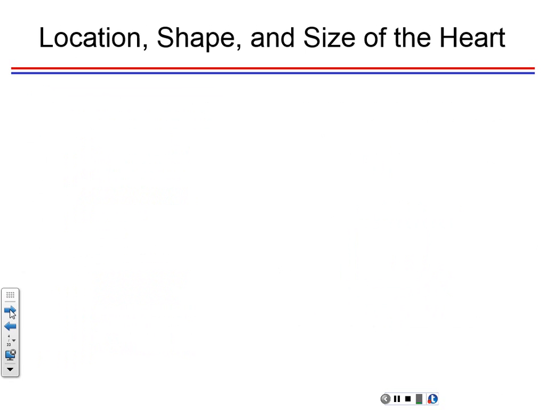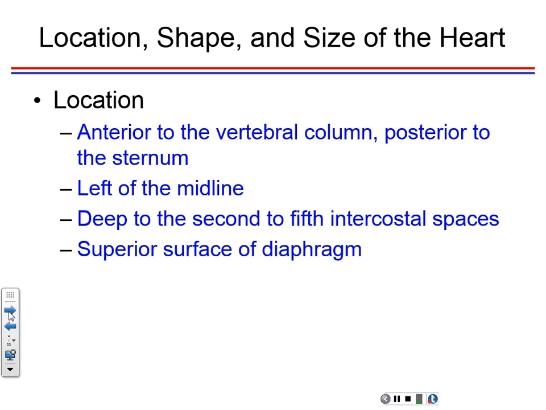All right? Okay, so location and shape is another thing you can have trouble with in the module, in terms of where the heart is located. So pretty much the heart is a little bit to the left of the midline. More or less maybe 2/3 of the heart is to the left and the other third is on the right side.